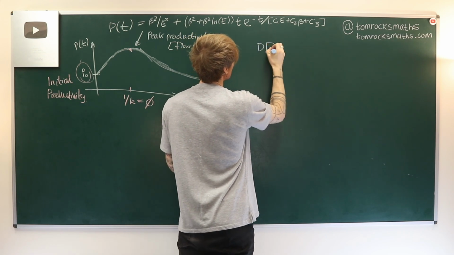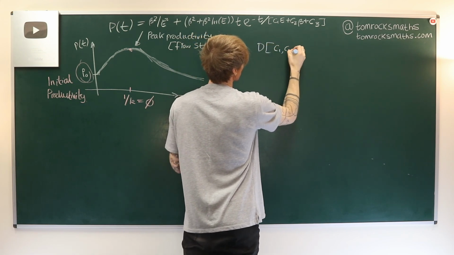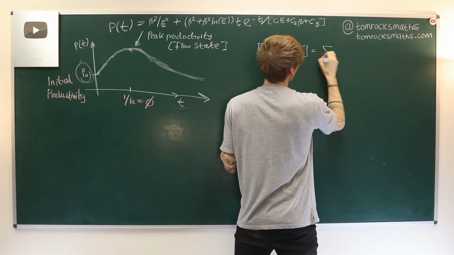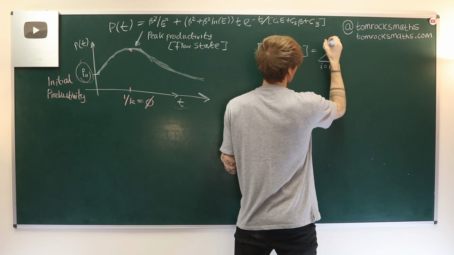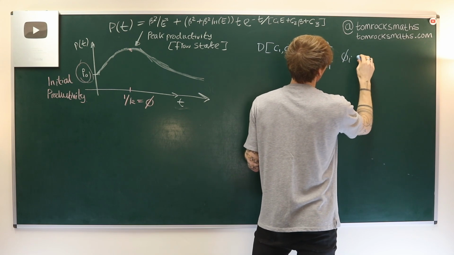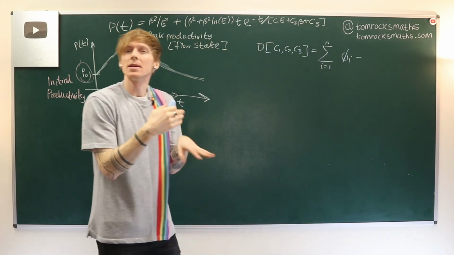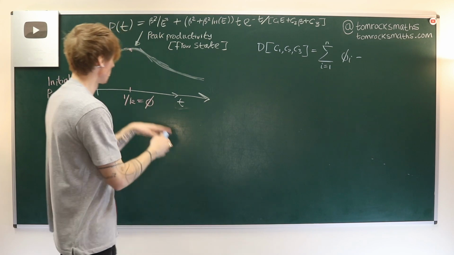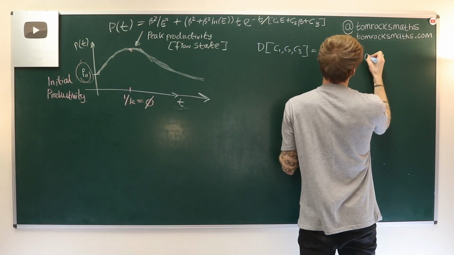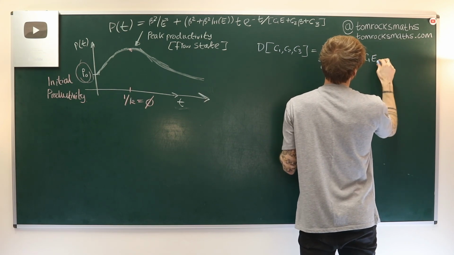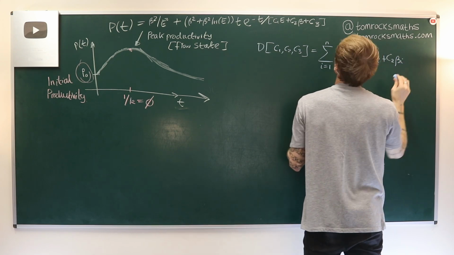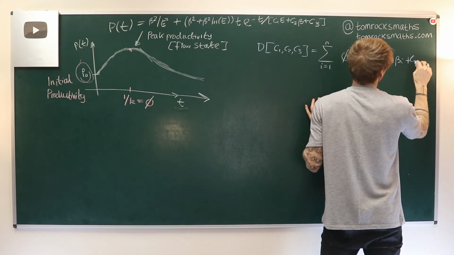We look at D, which is a function of C1, C2, and C3, and we want to consider the sum over those n tasks of the data point, let's call it phi I, minus the time that we're trying to work out, which is this 1 over k term, so that's C1 EI for your data point, plus C2 beta I plus C3.